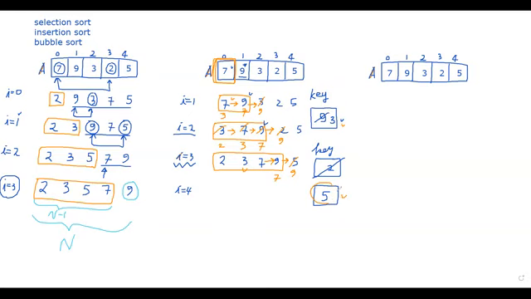It means that this value should be inserted here, right? So finally we have the sorted array 2, 3, 5 is inserted here, and 7 and 9 are shifted to the right. So now we have a sorted array.